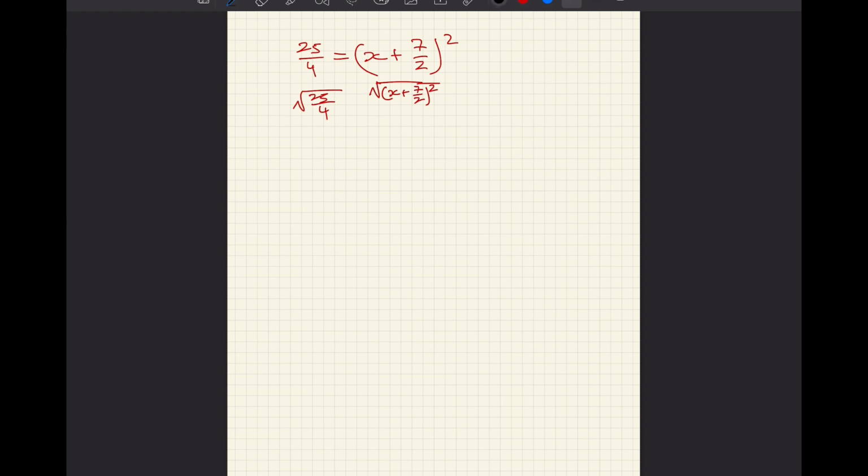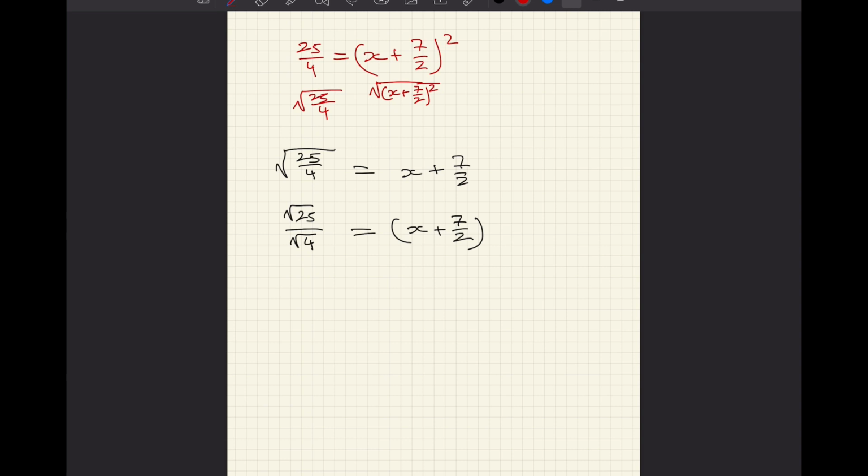If you remember from your study of number theory and fractions, the square root of 25/4 is equal to the square root of 25 on the square root of 4. That is equal to the square root of (x + 7/2)², and we no longer need the square, because the square and the square root cancel out. So we're left with x + 7/2.